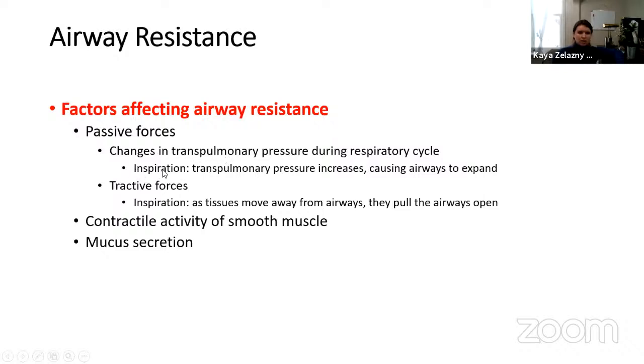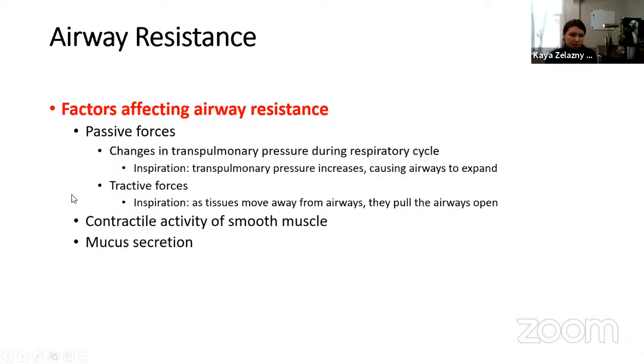When we're inspiring, when we're breathing in, the transpulmonary pressure is increasing as our chest wall pulls away from the lungs. That causes our alveoli to expand, and it also causes our airways to expand. So we end up decreasing the resistance in those airways as the transpulmonary pressure increases while we're breathing in.